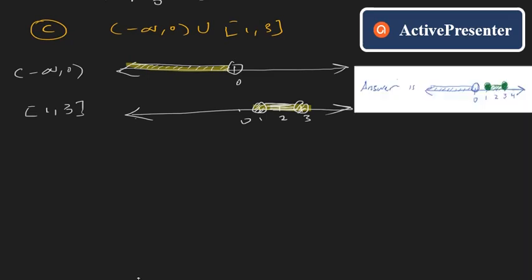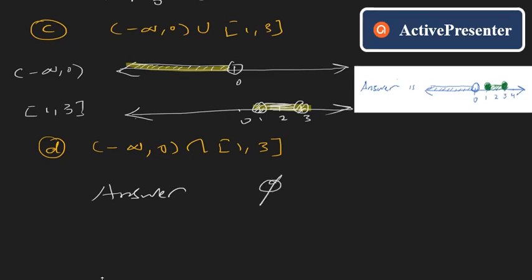If I ask you, for example, another question, the intersection of these with 1 to 3, the answer should be an empty set. They do not intersect.